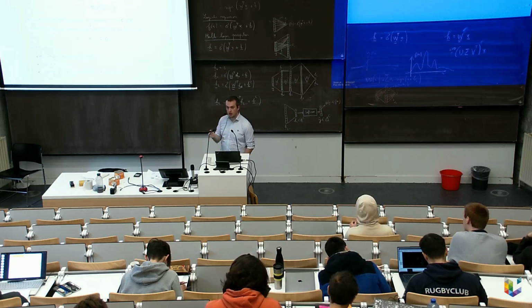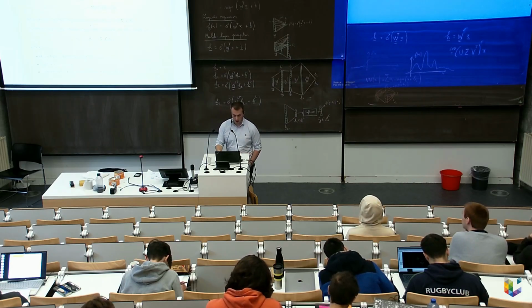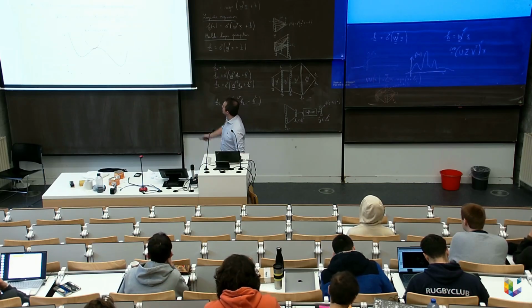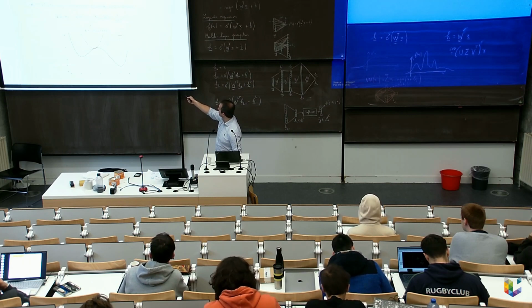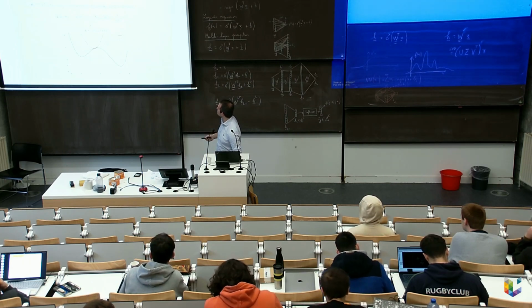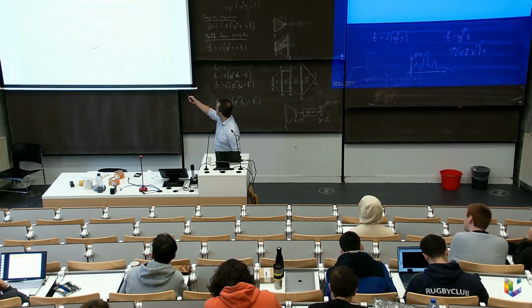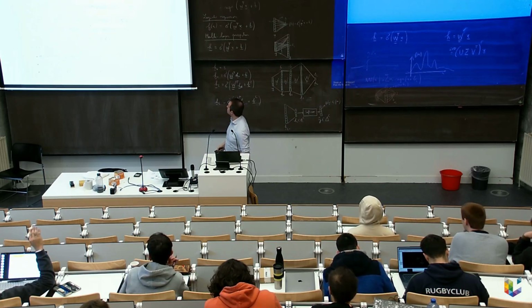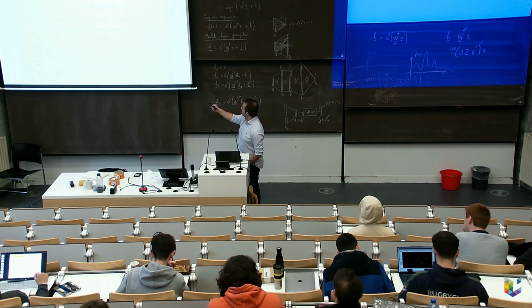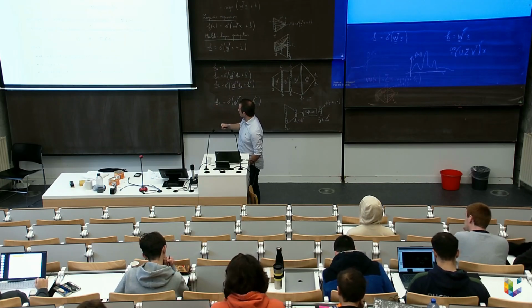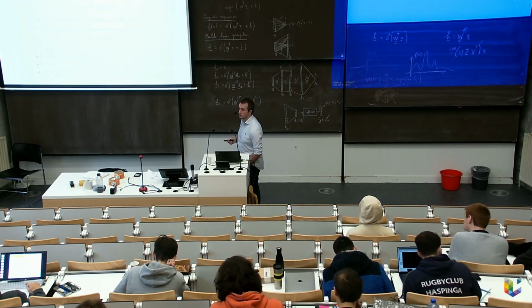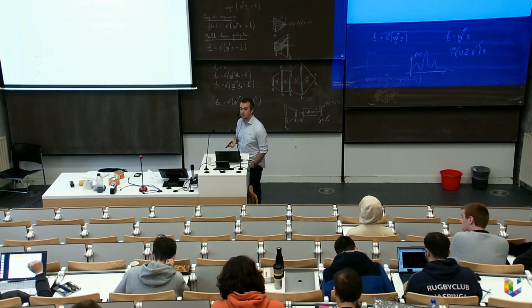And when now you differentiate L hat with respect to epsilon, this cancels, then you have just the gradient of the loss, and then you have the gradient of this term, and you have something like this. So you have the gradient plus 1 over gamma times epsilon. Okay? Now, yes?